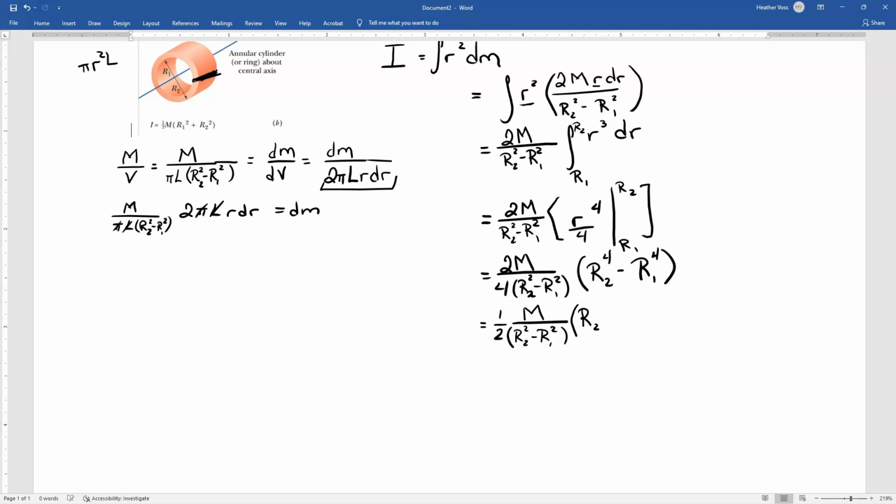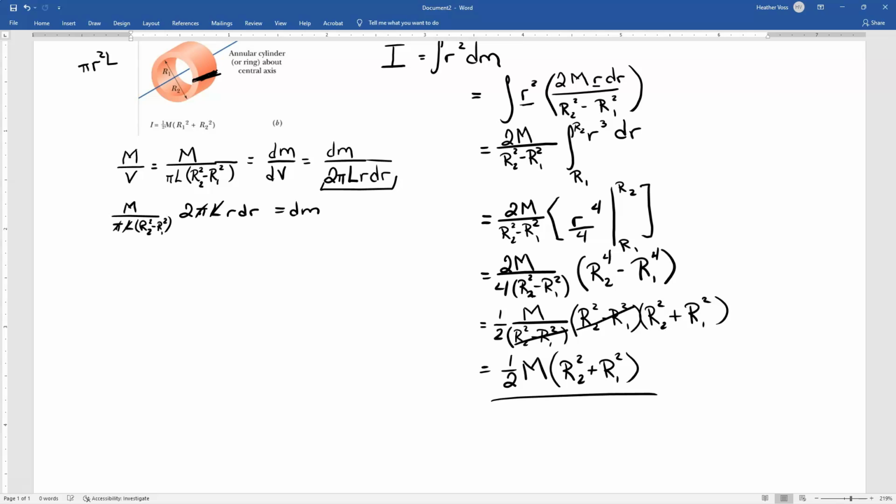This becomes r2 squared minus r1 squared times r2 squared plus r1 squared. Well, the r2s minus r1s are going to cancel, and this is going to leave us with 1/2 mass (r2 squared plus r1 squared). That, you'll notice, is the handy equation that's right here.